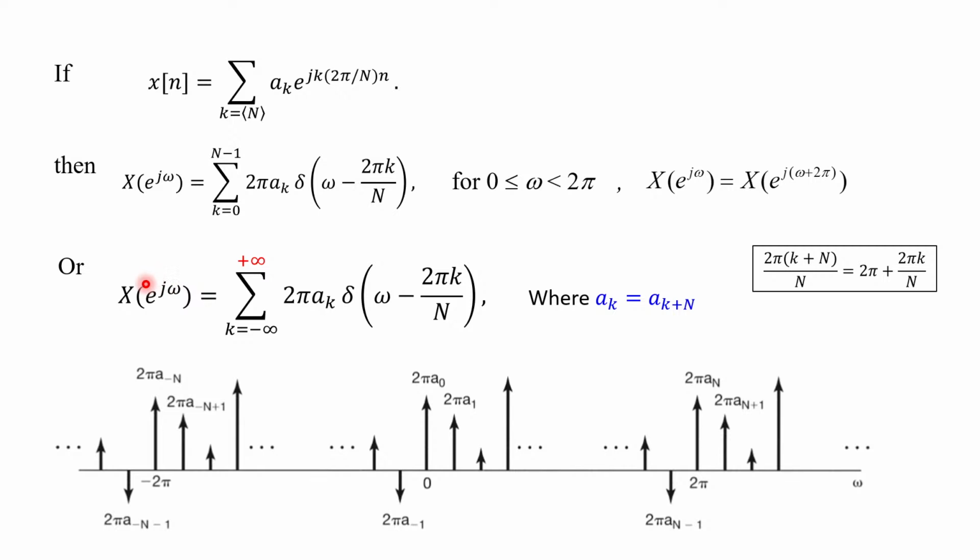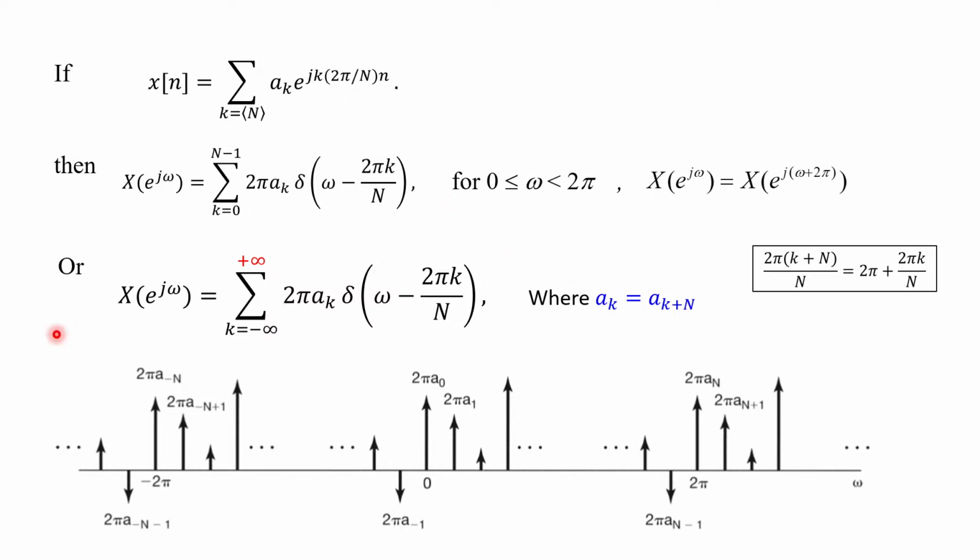Okay, and this is quite ugly because we are describing one interval and saying it's periodic. So we can also write it in a neat equation. It's really nice. You can just say you are summing over k from minus infinity to infinity.